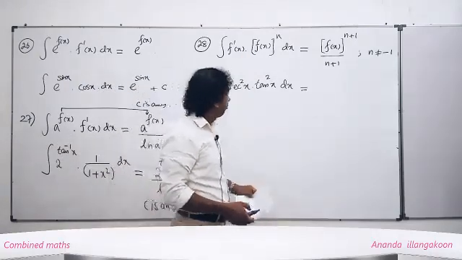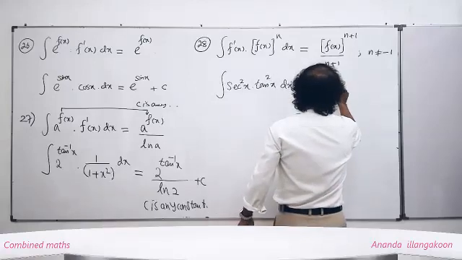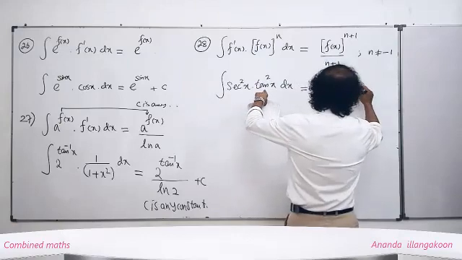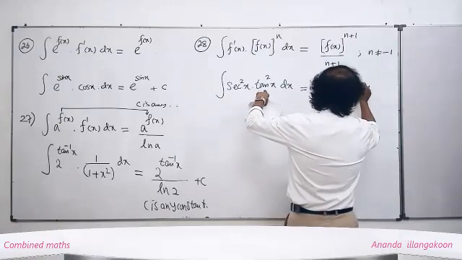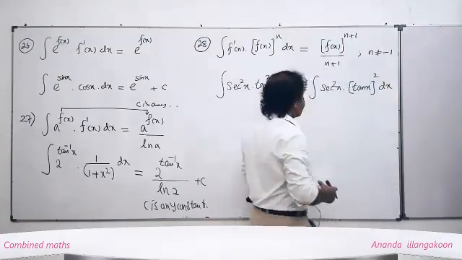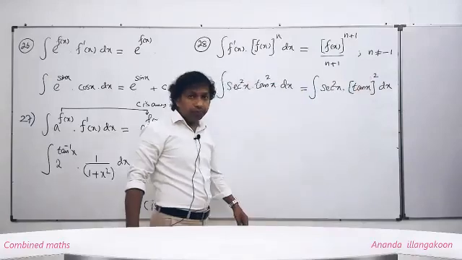How, people? I can write it like this: sec squared x, and tan squared x I can write as tan x to the power 2, dx. Correct, no? Tan x to the power 2 is tan squared x.